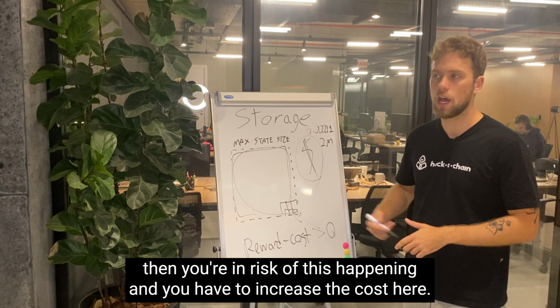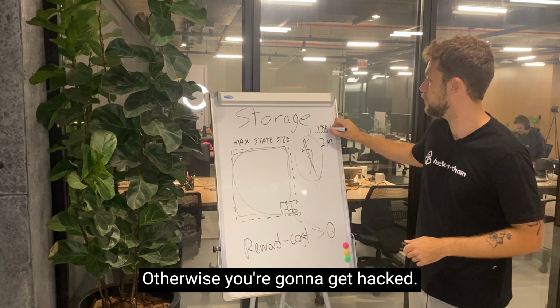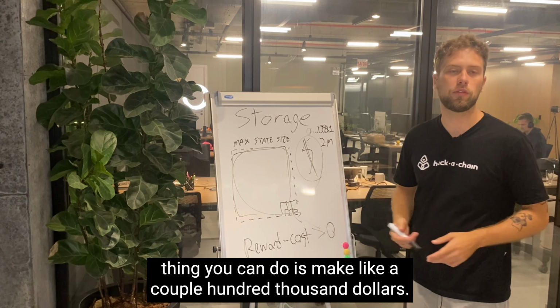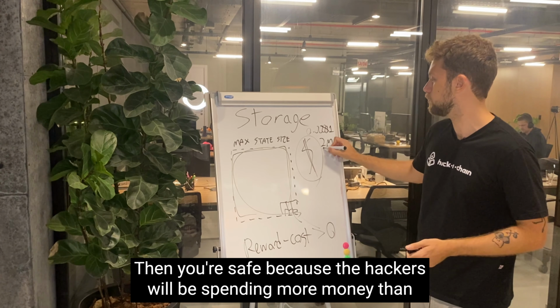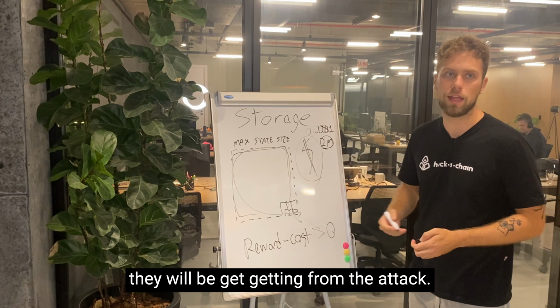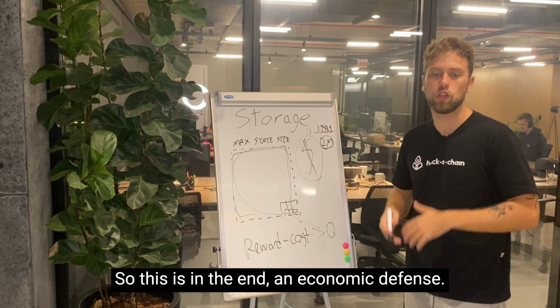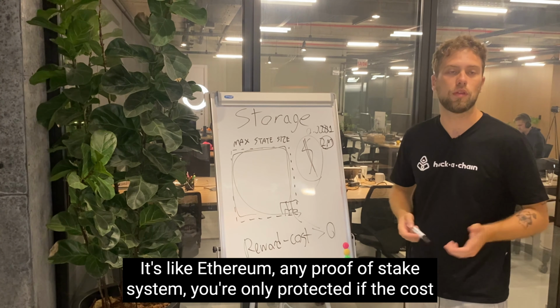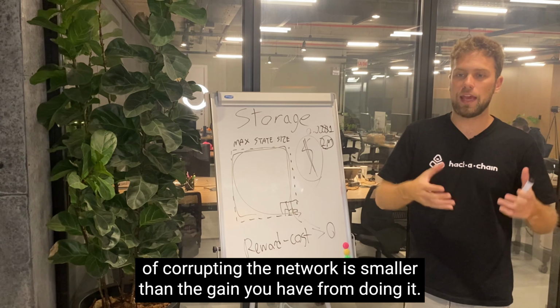Then you're at risk of this happening and you have to increase the cost here, otherwise you're going to get hacked. But let's say that there's no way to profit from this, like the max thing you can do is make a couple $100,000. Then you're safe because the hackers will be spending more money than they will be getting from the attack. So this is in the end an economic defense. It's like the Bitcoin defense. It's like Ethereum, any proof of stake system. You are only protected if the cost of corrupting the network is greater than the gain you have from doing it.